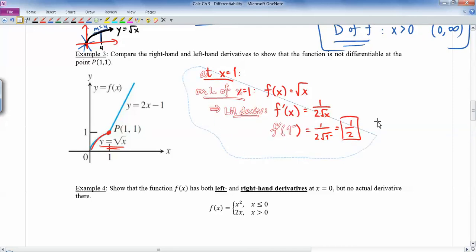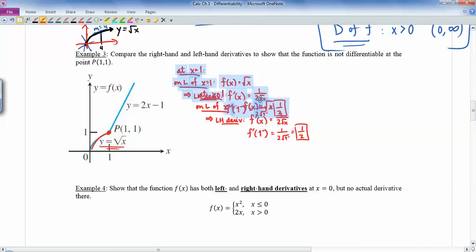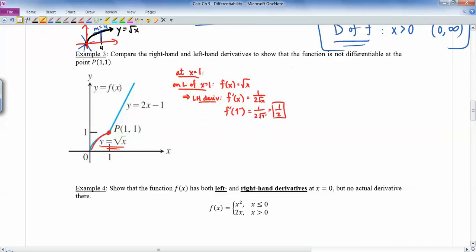Okay, let me shrink this down a little bit. Okay, so let's look on the right of x equals 1. On the right side of x equals 1, I've got f of x equals this line, 2x minus 1.